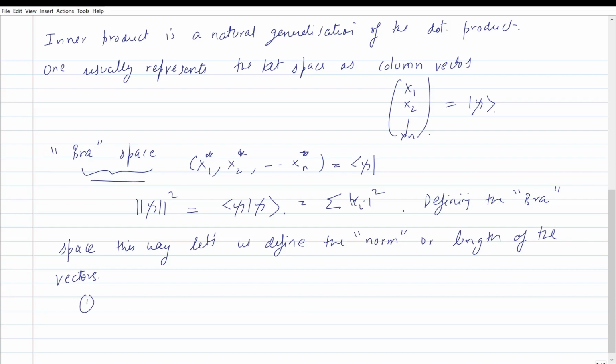So you have the properties which you already know, linearity of the inner product.